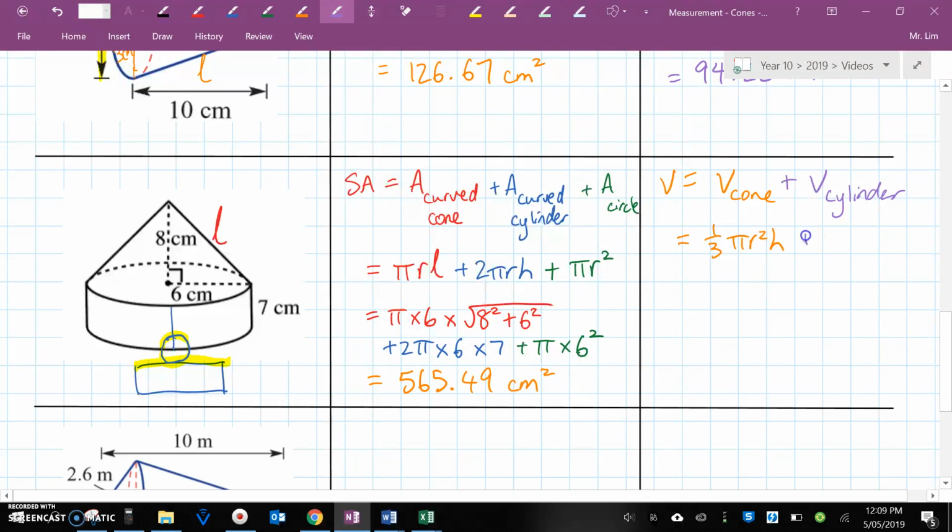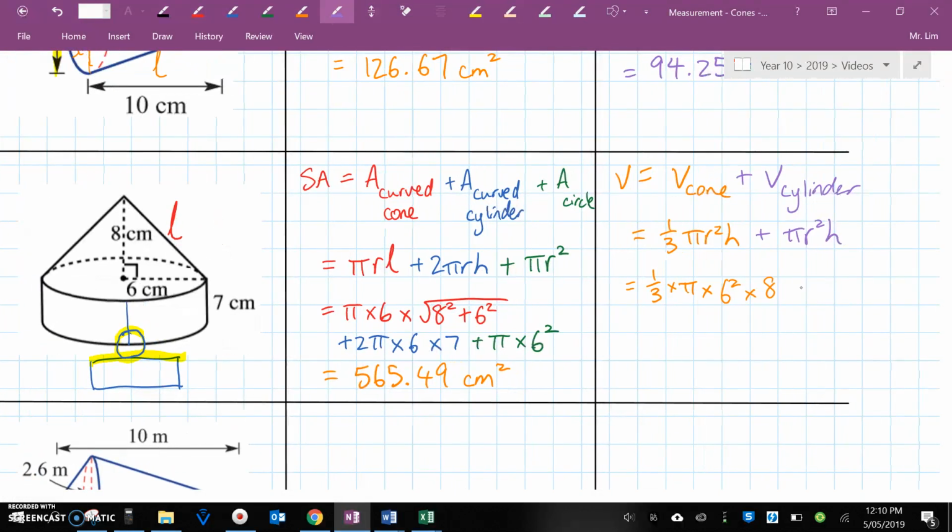The volume of a cylinder is just pi r squared h. 1/3 times pi, the radius is 6. The perpendicular height of the cone is 8. We're going to add pi times 6 squared times the perpendicular height of the cylinder, which is 7.